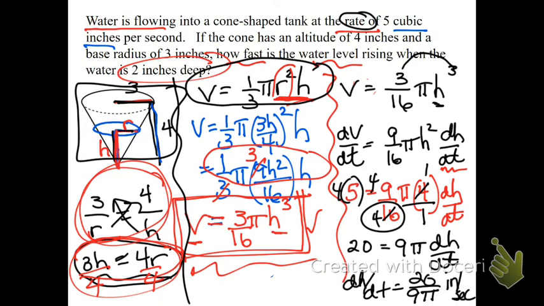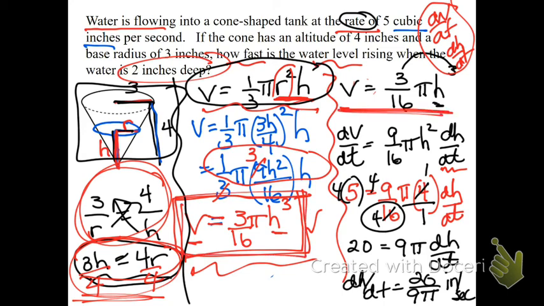For this problem, they gave us dV/dt was 5, but they asked for dH/dt. That determined which variables to keep, so I needed V's and H's in the problem. I used my proportion to rewrite it so that I only have V and H. Once you've rewritten it, now do the same thing you did yesterday: take the derivative of both sides. That's all I'm going to do that's new here.